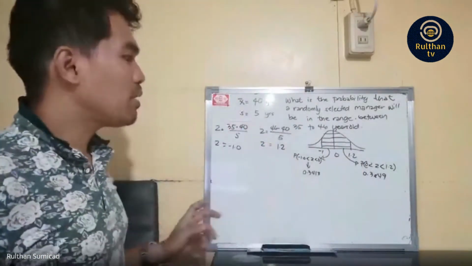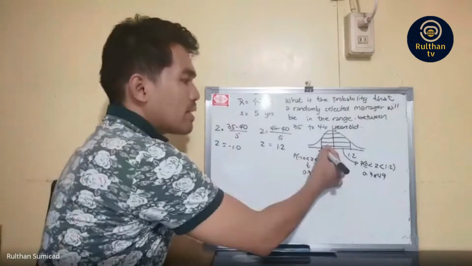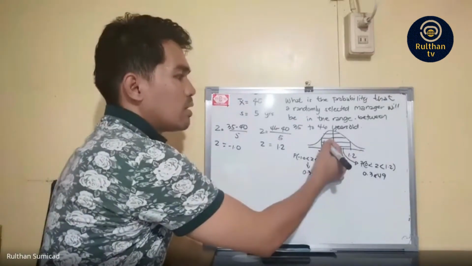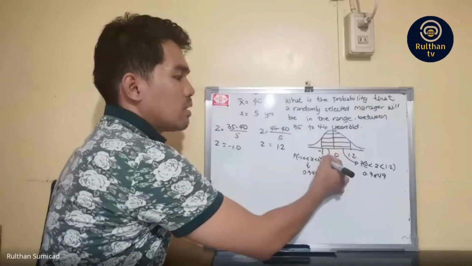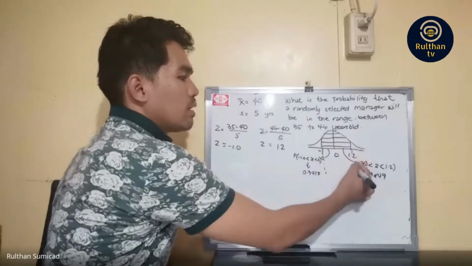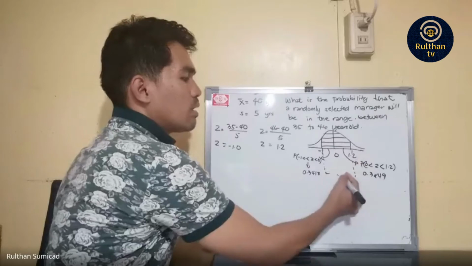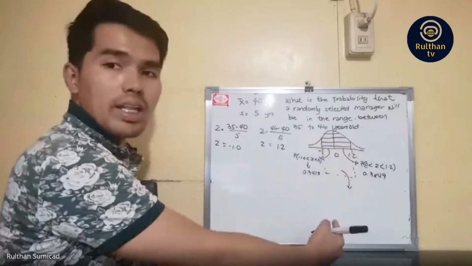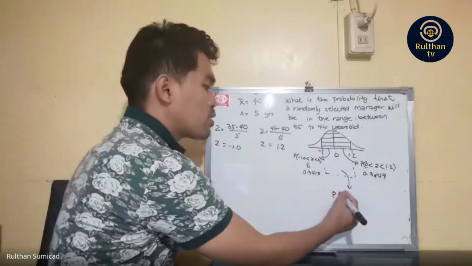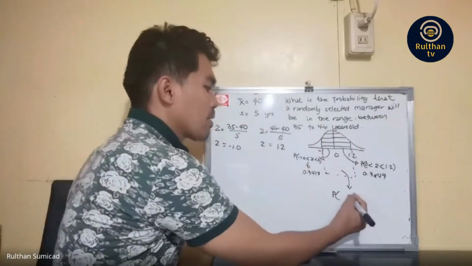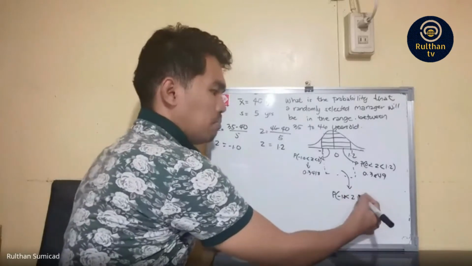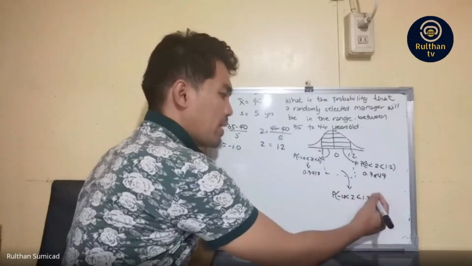Then the next thing that we will do is combine this area together, the entire shaded region, to be the probability of a z-score greater than negative 1 but less than 1.2.